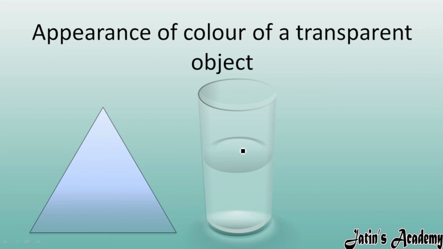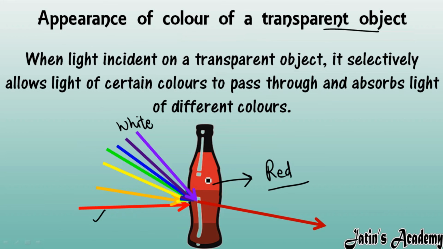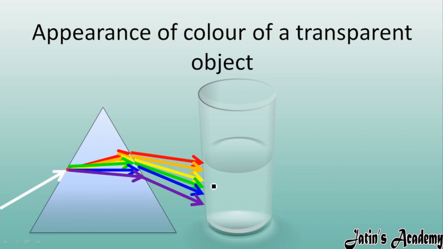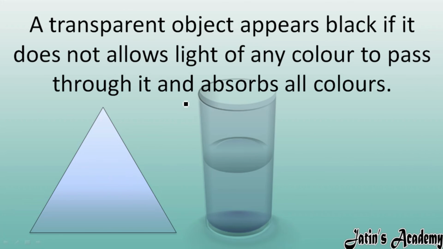Here we do not have a red transparent object, but a full white transparent object. When white light falls on a transparent object, it will allow all the light to pass through it. After allowing all the light to pass through, we are able to see this glass as white in color.